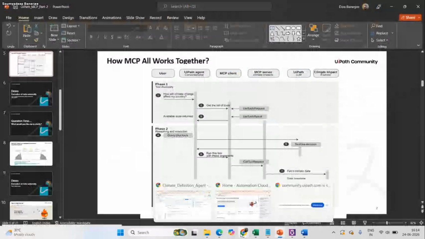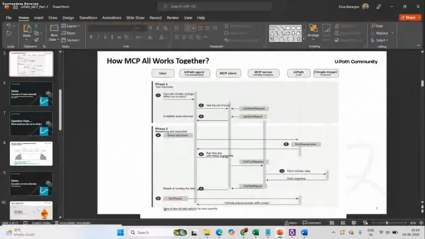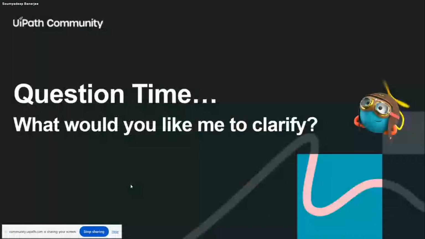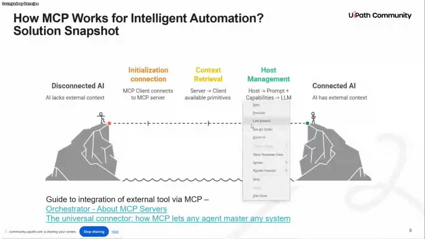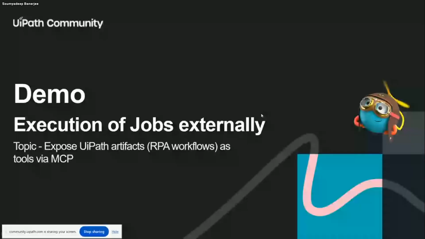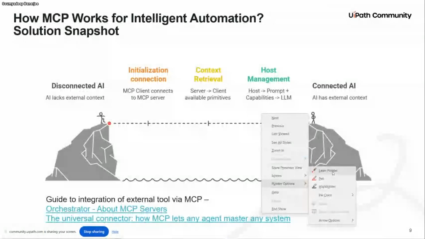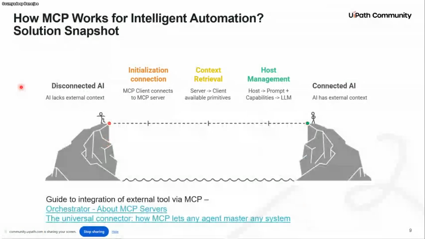So this is the demo, and now we have some question time. But before question time, I want to showcase one thing. This is the way MCP communication works, as in the diagram, and I have utilized resources like UiPath Orchestrator and the MCP server to integrate MCPs with Orchestrator.